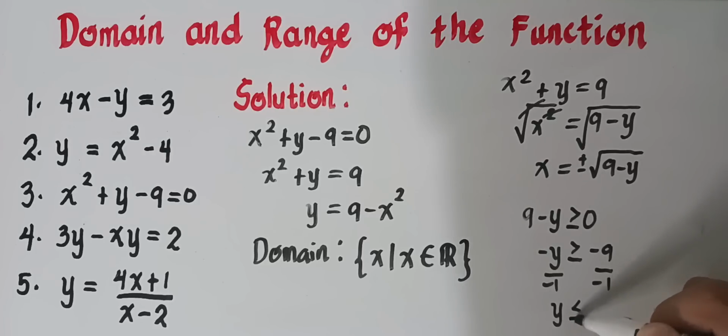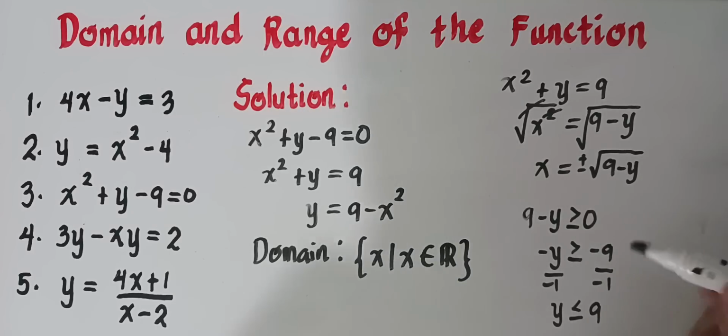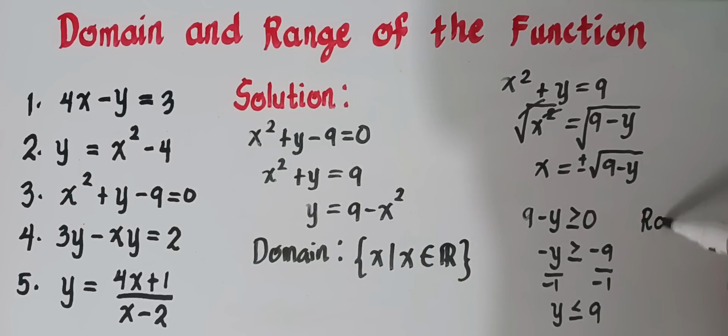Okay? So, magiging y is less than or equal to 9. Okay. So, ang restrictions natin ay ito. So, ang range natin dito ay y such that y is less than or equal to 9.